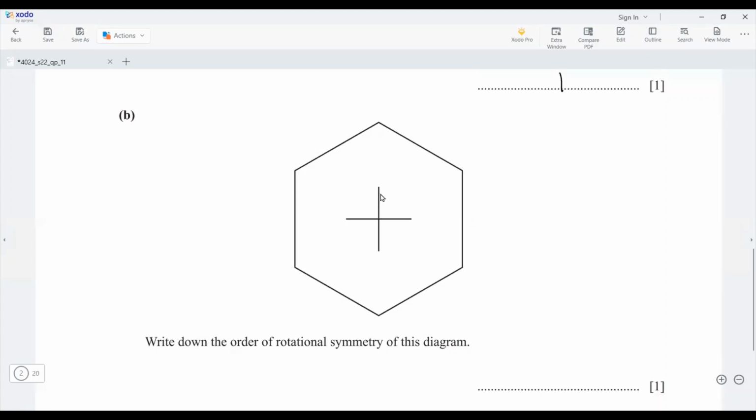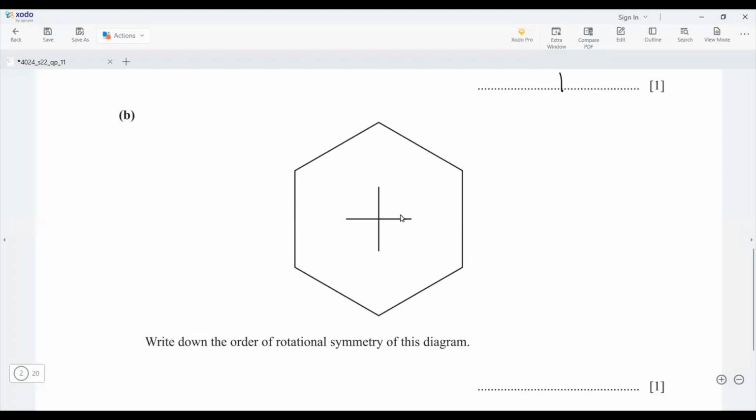In this case, if we rotate 90 degrees, the shape will be changed. If we rotate till 180 degrees, that line will be at this position, and this will be at this one, so it will have its original shape. So it will be the first order of rotational symmetry.